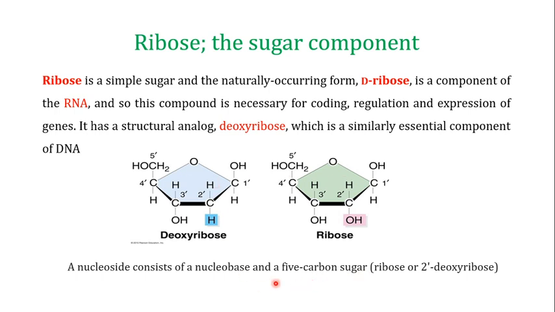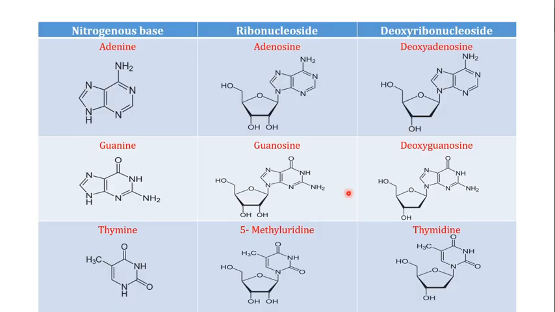A 5 carbon sugar attached to a nucleobase, as we discussed in the previous slides, is known as a nucleoside. But when a phosphate group is attached to a nucleoside, then that is known as a nucleotide. So this is the difference. A nucleoside is the sugar plus the base, and the nucleotide is the sugar and base plus the phosphate group. These are some of the terminologies that you should keep in your mind.